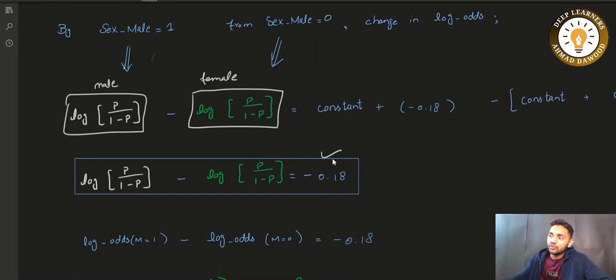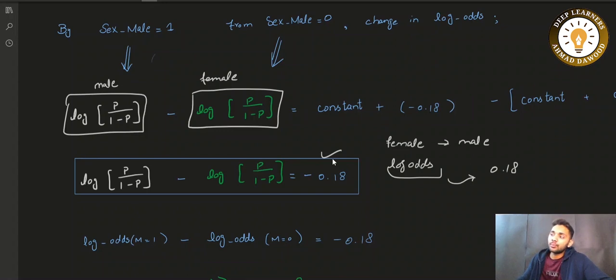When you change your customer from female to male, the log of odds will decrease by 0.18.